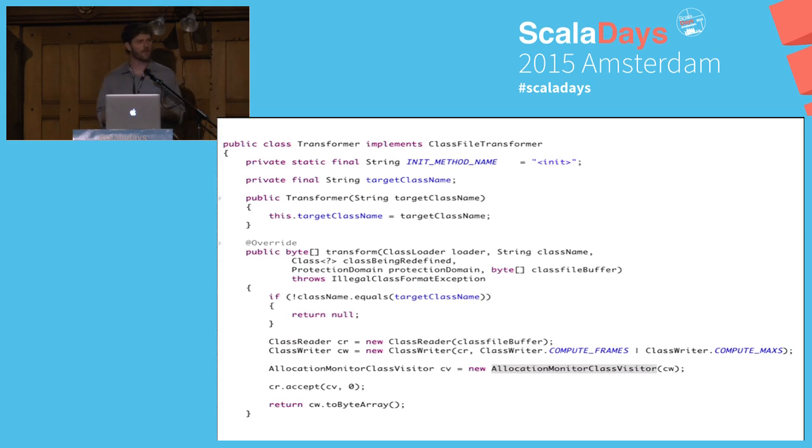You can even be a bit cheekier and ask the JVM to run it through your hook for a class that's already been loaded, which again is what BTrace does. It takes your classes and attaches itself to them. In which case, it will give you a callback to this transform method over here, and at that point, you need to essentially provide bytecode.